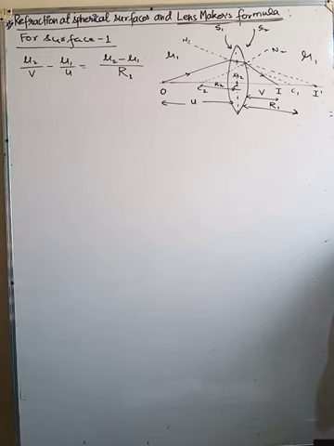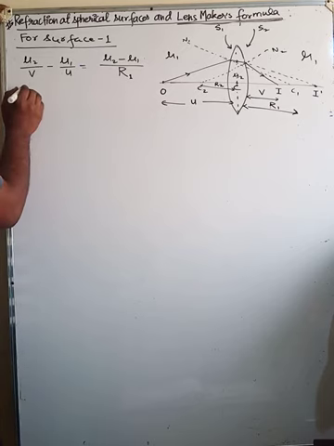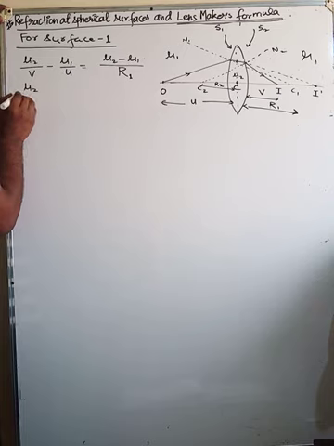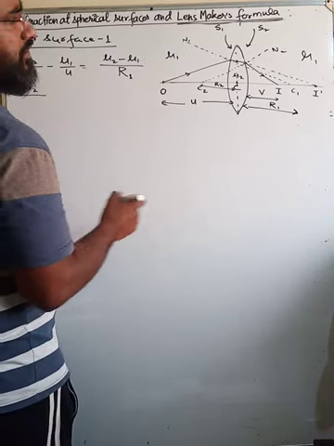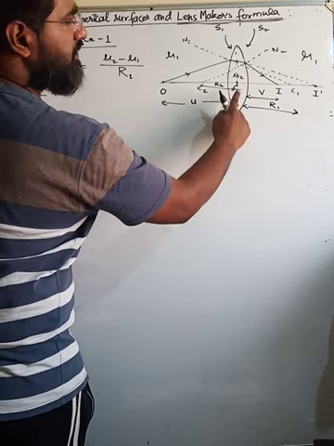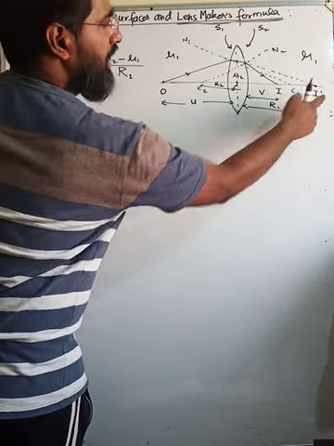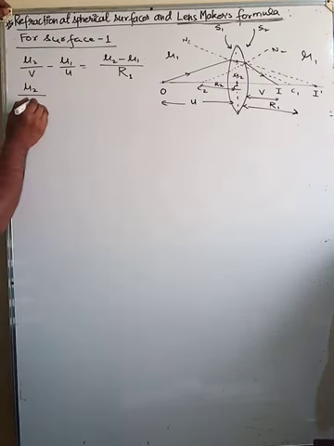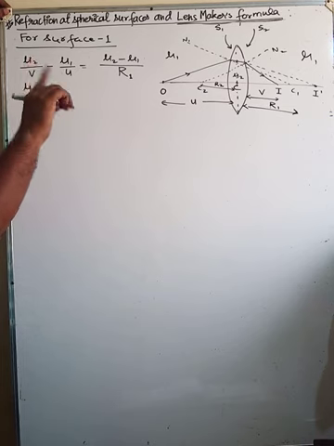Now let us substitute the values. Mu2 as it is. Where is the image? V means image distance. For surface number 1, where is the image distance? From C to I dash, and this is on the right side, so we write positive.